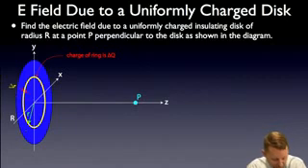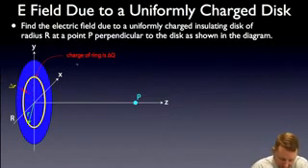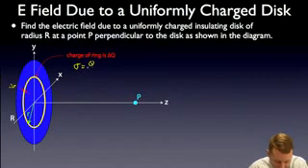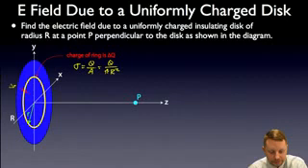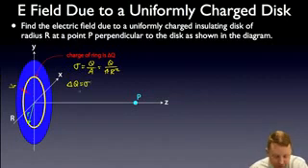Delta Q contained in that ring, the charge of that ring, is delta Q. And now we're going to use an area charge density. We're going to say that sigma, our area charge density, is going to be the total charge divided by the area of the disk, which is Q over pi capital R squared. Delta Q, by that token, the charge contained in that ring, is going to be our surface charge density times the area of that ring.